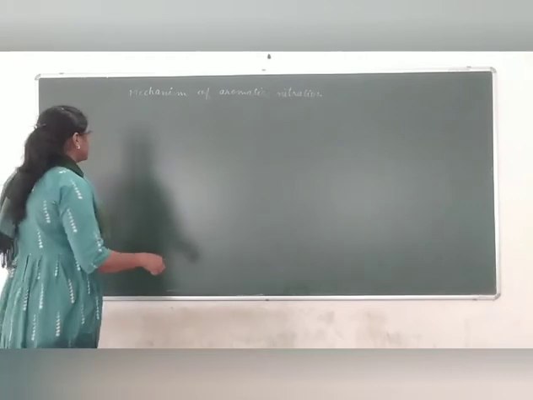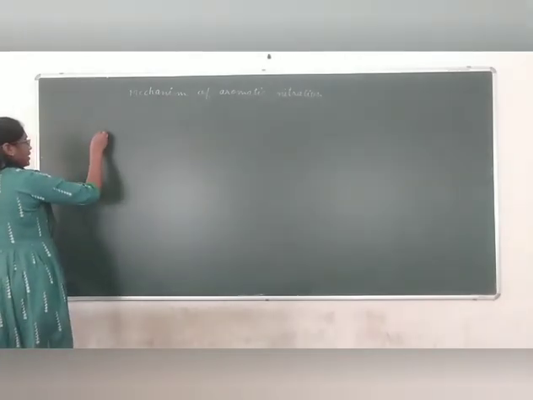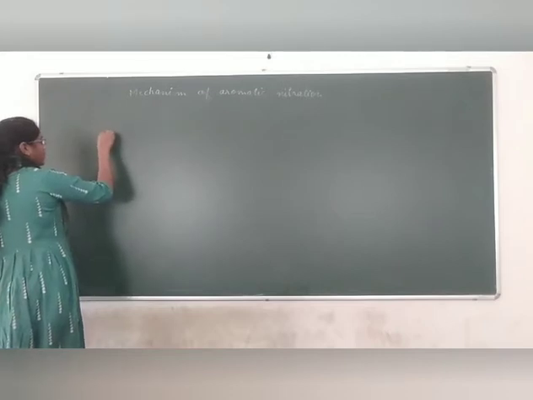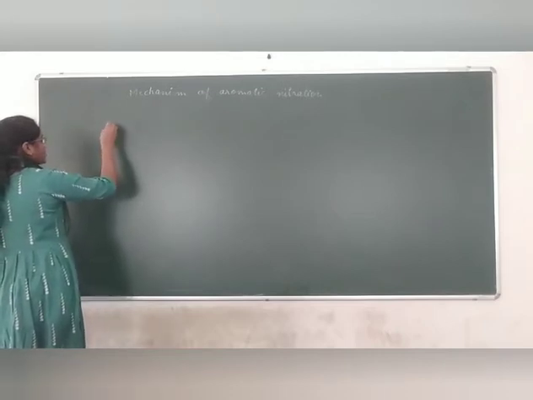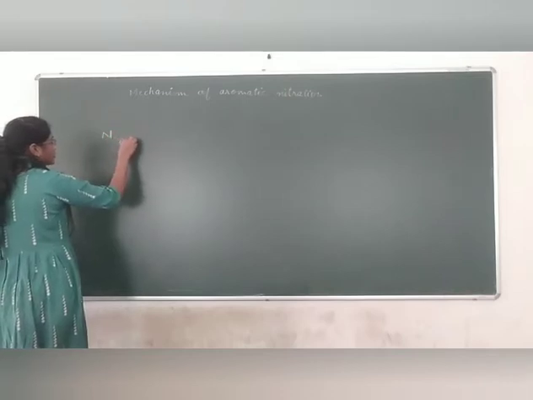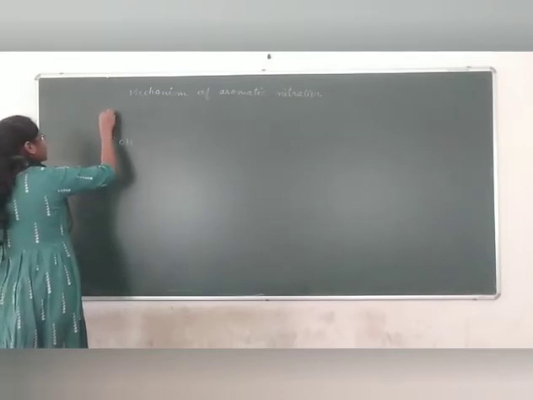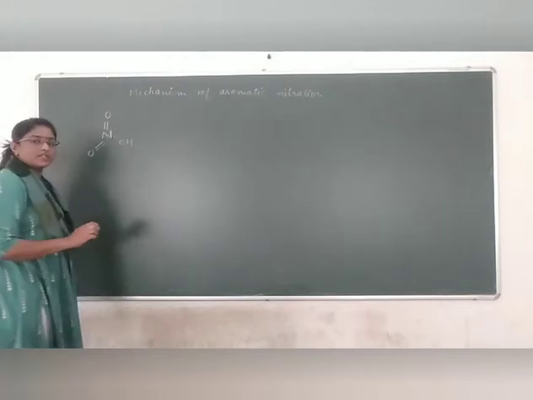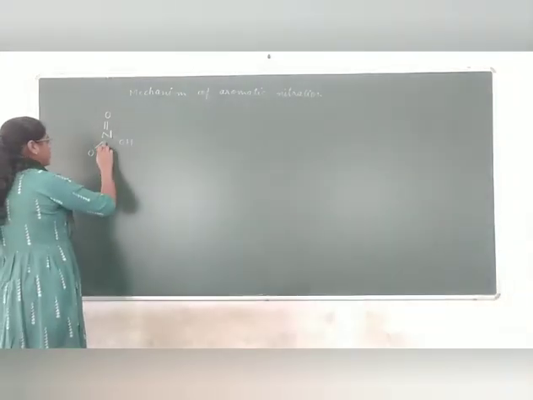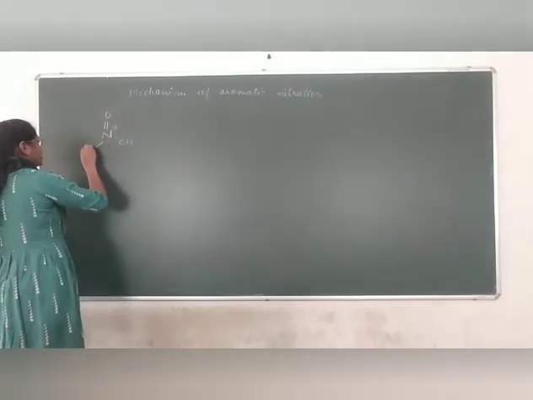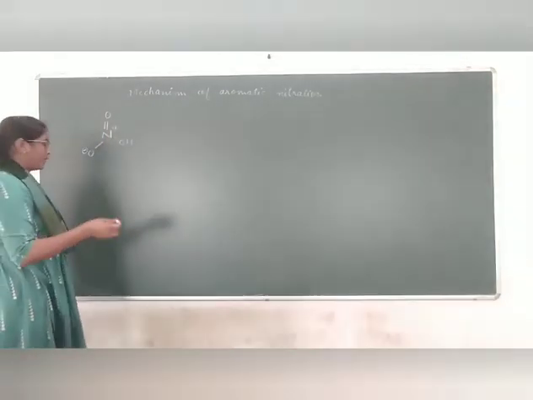First of all, we are taking HNO3. I am writing here the structure of HNO3. The structure is like this, but if we write plus and minus charges, then this is also correct.